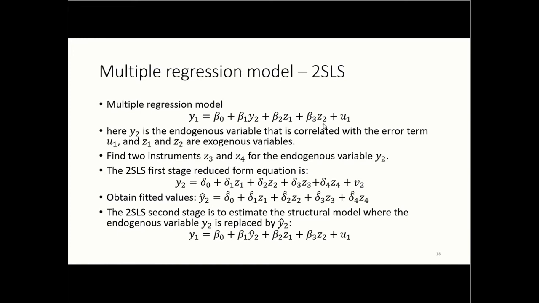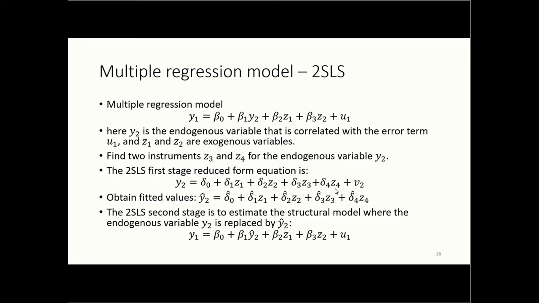We could still have them here because they're exogenous, so they're not going to cause any problem with endogeneity. And here we have Z3 and Z4, these are our instruments. So the reduced form equation has all of the exogenous variables from the original model and all of the instruments. So that's the first stage.